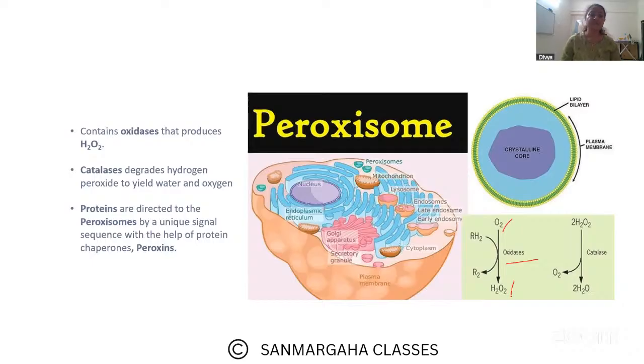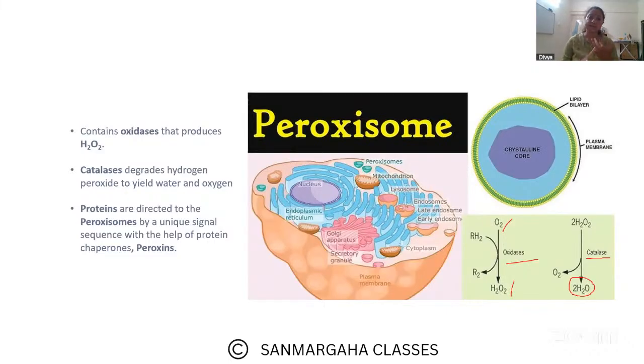Then this hydrogen peroxide, in the presence of catalase enzyme, splits into water molecule. So peroxisomes have oxidases and catalases.